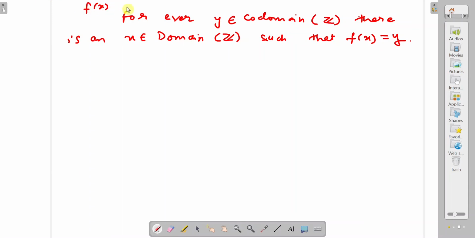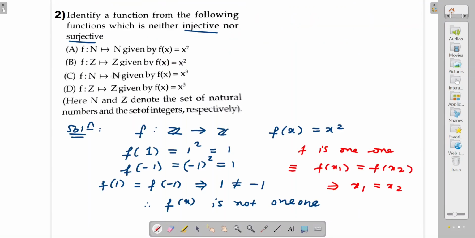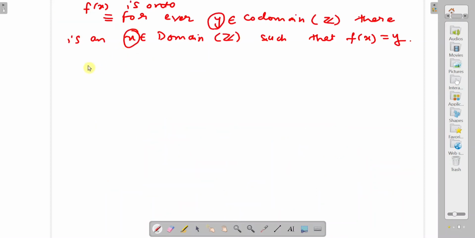So f(x) is onto if and only if this is the condition. For any y you take in the codomain, you should have an x such that f(x) is equal to y. Let us see that this doesn't happen for every y. So suppose we take y equal to 2, which is in the codomain. 2 is an integer, so this is in the codomain.